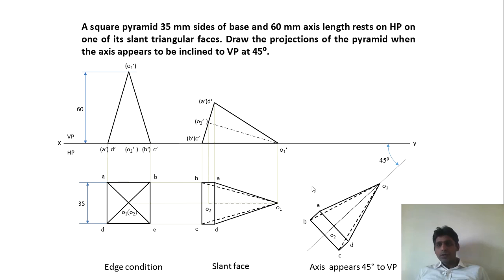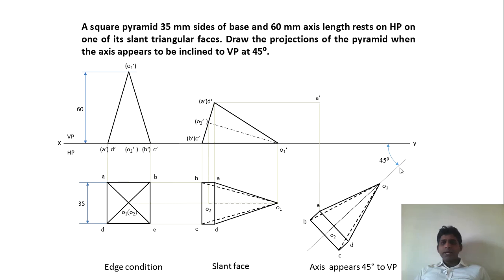So it is going to look something like this. You can see that there is absolutely no change except for the axis inclination at 45 degrees. There is no change in the hidden lines or the visible faces of this particular solid. It is only made inclined to VP at 45 degrees.